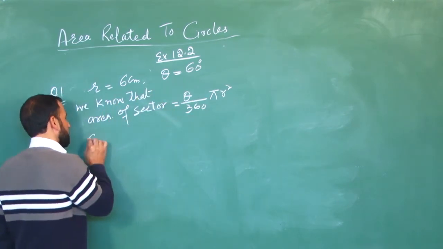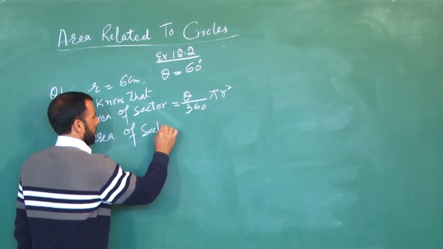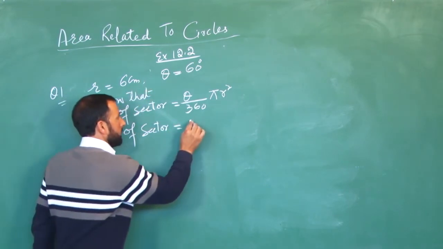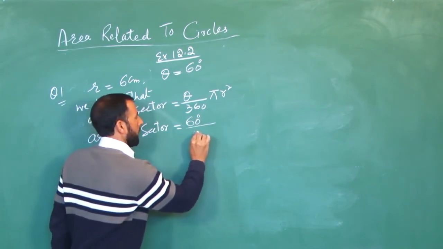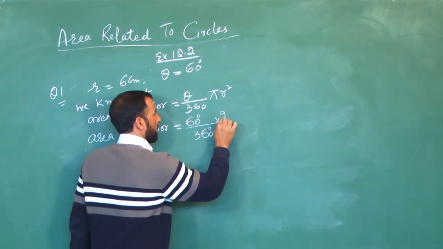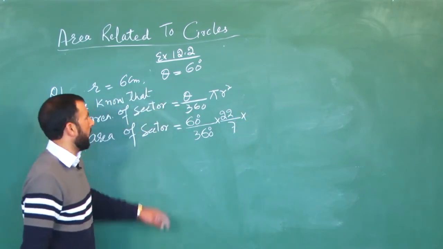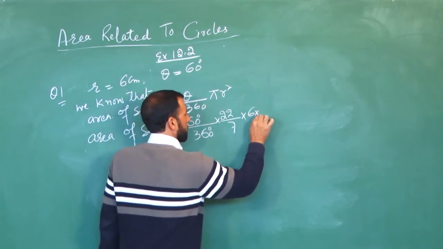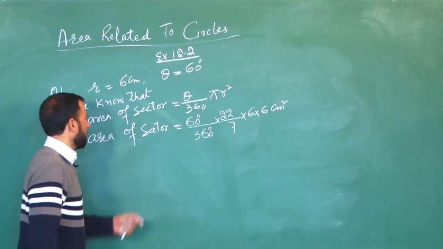So area of sector is equal to theta. The value of theta is here 60 degrees divided by complete angle, that is 360 degrees, into pi. We know that pi is 22 by 7 into r square. The value of r is here 6, means r square is 6 into 6 centimeter square, because it is area of a sector.